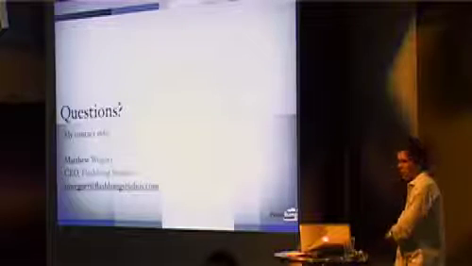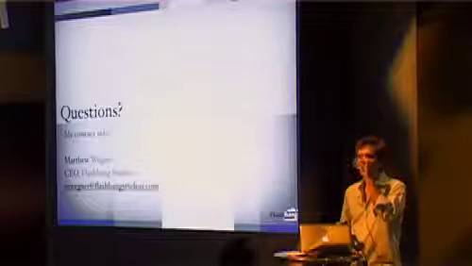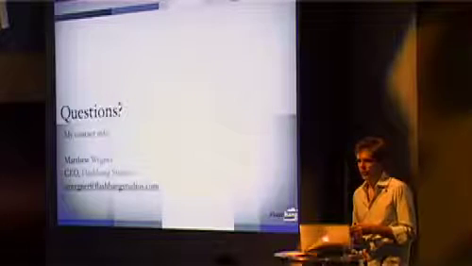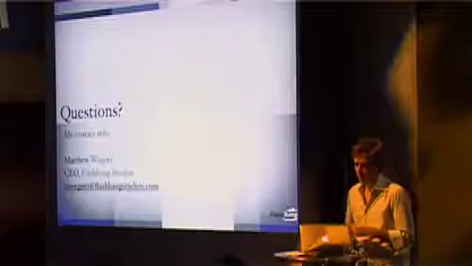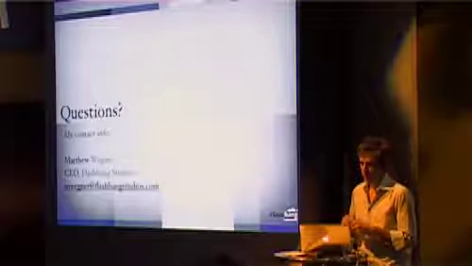So, any questions about any of this? I don't know how much time I have. Yes? How do you create your collision primitives? If you're using Max, for instance, do you create collision primitives in Max?